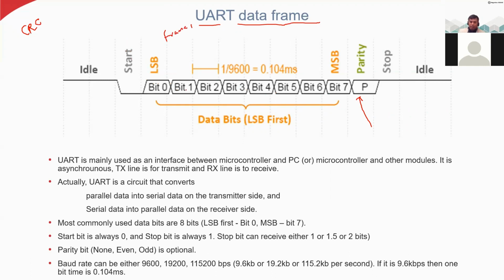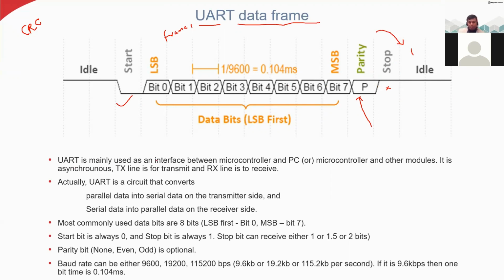Otherwise, if you send these bits continuously, you don't know where frame 1 starts and where frame 1 ends. So this is the start and this is the end, and then the receiver will know, okay, I finished with frame 1 and now I am receiving the next frame, frame 2. These are the theory behind the communication networks.